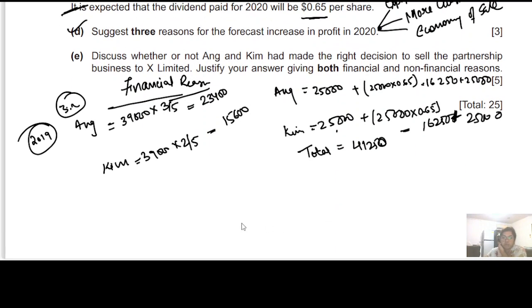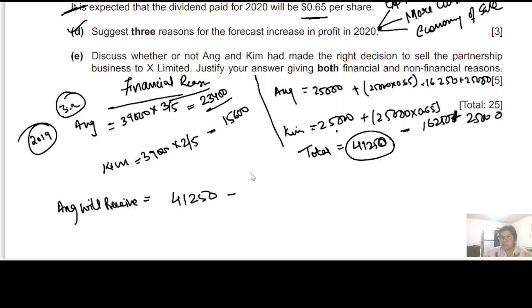How are we going to compare? Ang will receive 41,250 expected, and earlier 23,400, so he receives more. Earlier he received only 23,400 as income, now 41,250, so 17,850 more.